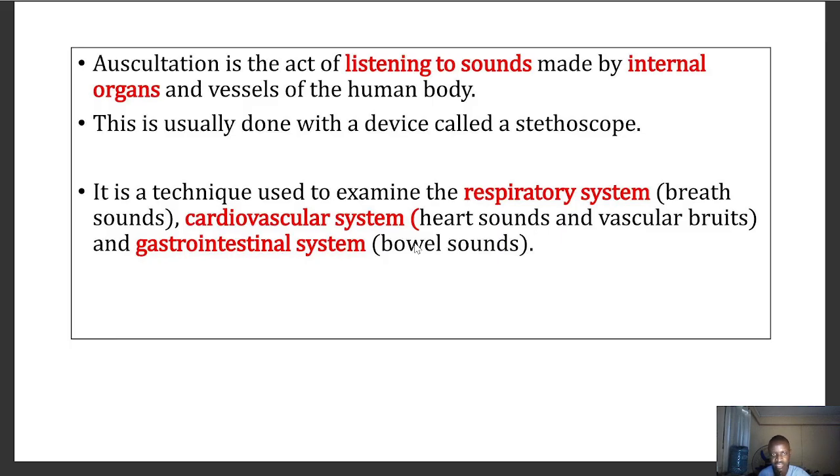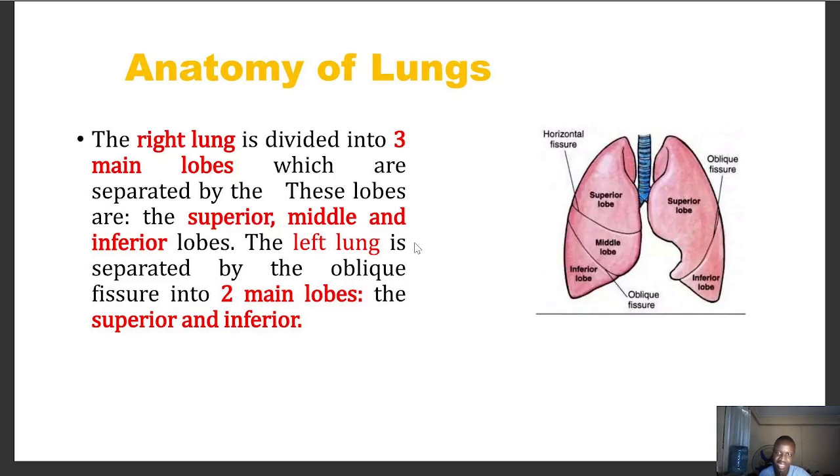As our first organ, we'll check the lungs. What is drawn here is the structure of the lungs. We always have the right side and the left side. The right side has three main lobes: the superior lobe, the middle lobe, and the inferior lobe, separated by fissures.